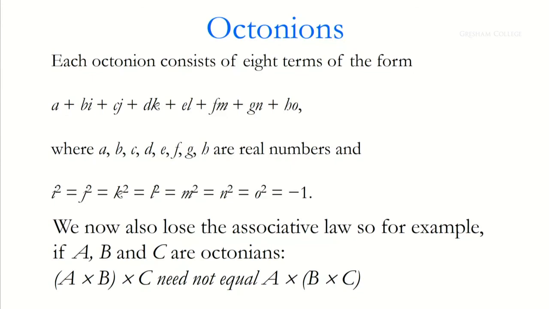But you also lose the fact that multiplication is associative. And what does that mean? Well, normally, with real numbers or complex numbers, if we have two expressions like this, A times B, evaluate that, take that answer and multiply by C, you would expect to get the same as if you evaluated B times C and pre-multiplied that by A. But for the octonions, it needn't be the case that those two things are equal, so you lose more or less the last arithmetical property that you had.